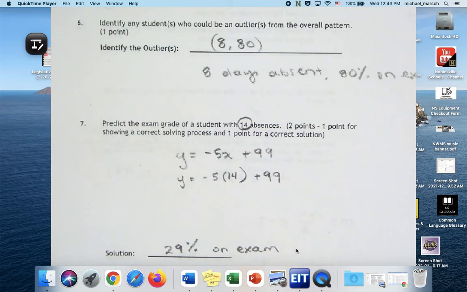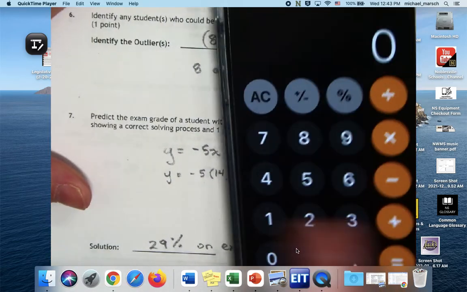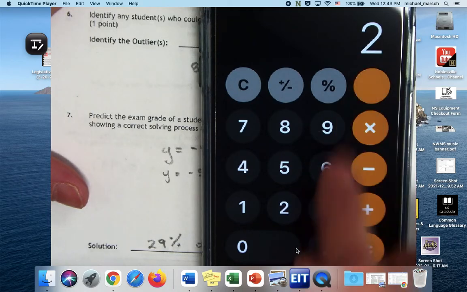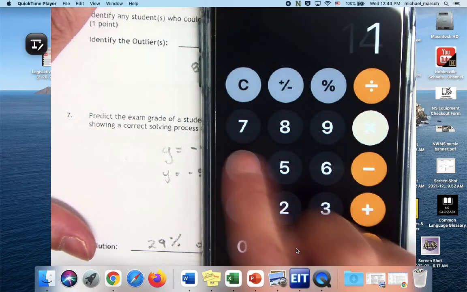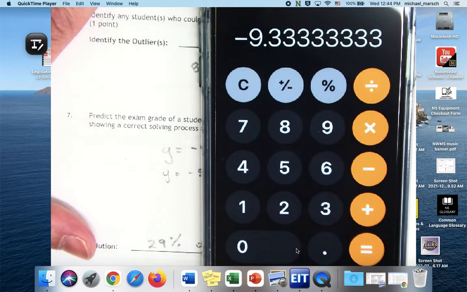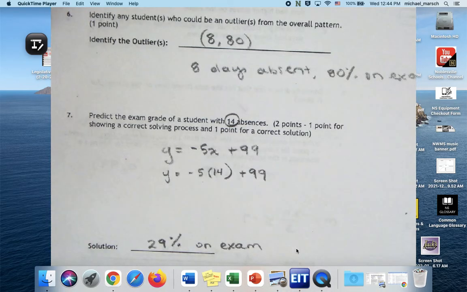So Chase, do you know how to do yours with a fraction? You would do 2 divided by 3, and then just leave that in your calculator and multiply times 14. And then you would add whatever you got. Wait, I think yours should be 20 over 3.